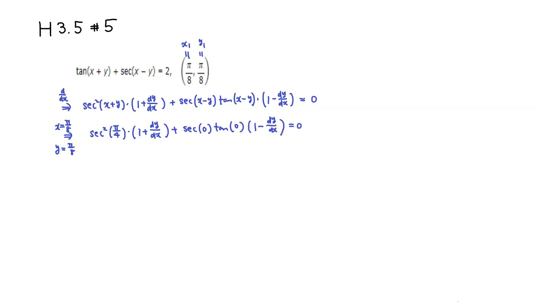Right, and then we know the values of these things. So let's see. I know cosine of pi over 4 is 1 over square root of 2.